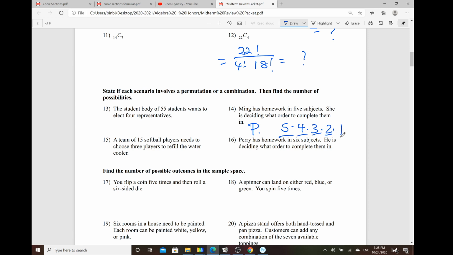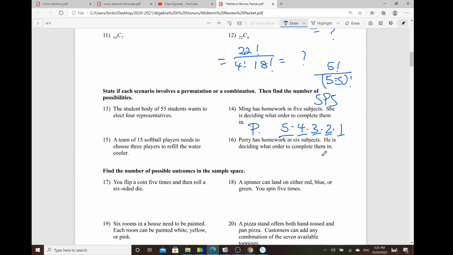Or you can just say it's 5 pick 5. Okay, so 5 factorial over 5 minus 5 factorial.